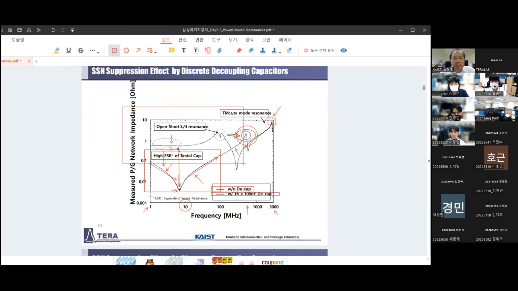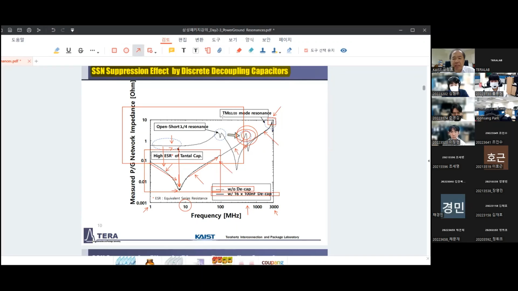this is actually a measurement result with identical discrete decoupling capacitors, 16 of them. One obvious thing is that in the gigahertz range or 100 megahertz range, inductance is dominant.